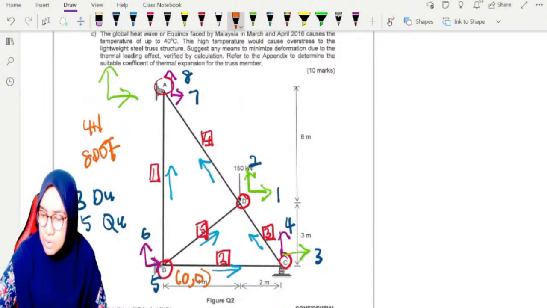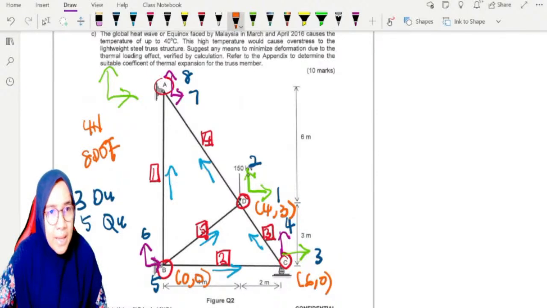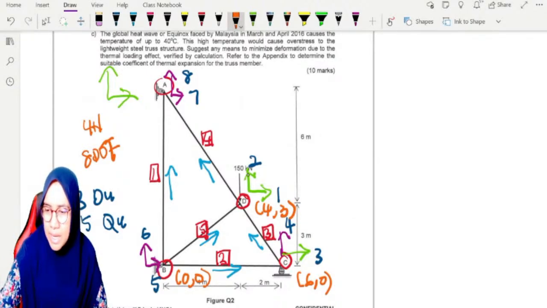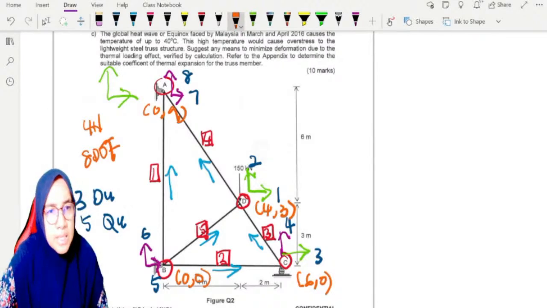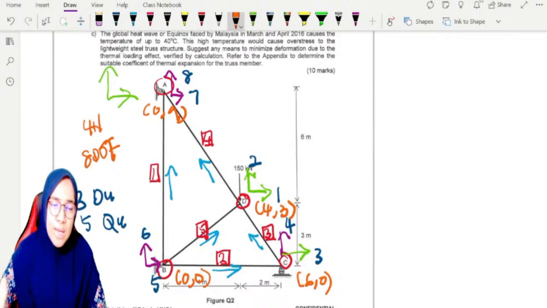So C will be 4 plus 2, 6, 0. D will be 4, 3. And A will be 0, 9. Once we have this, then only we can start to calculate.